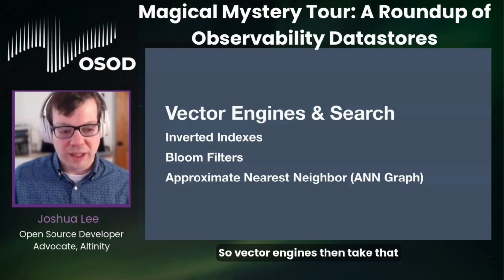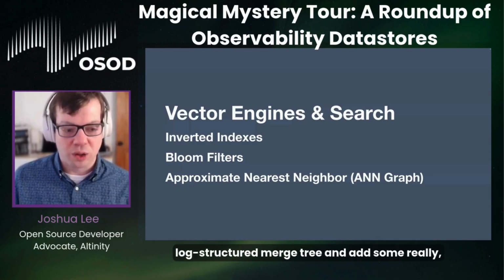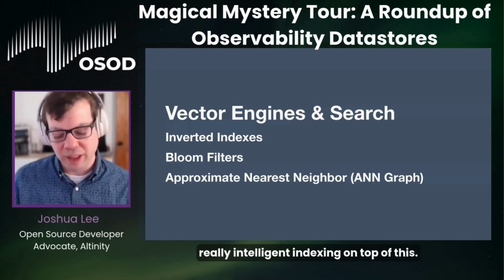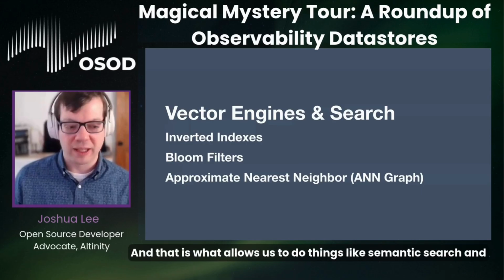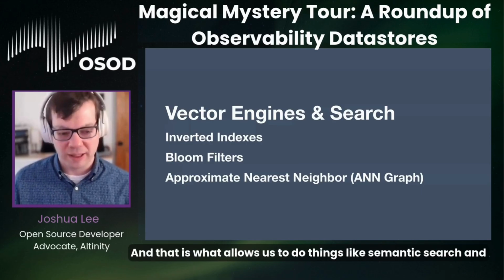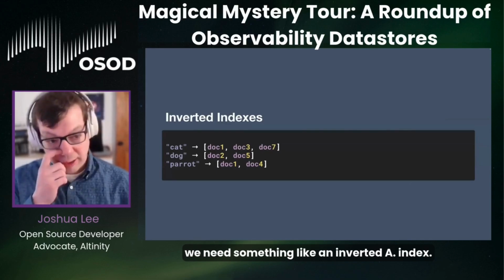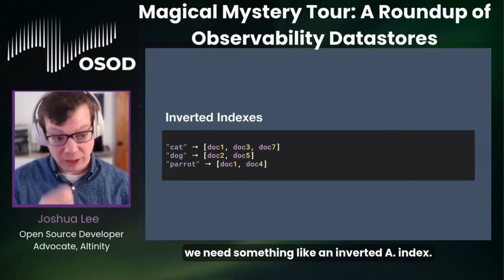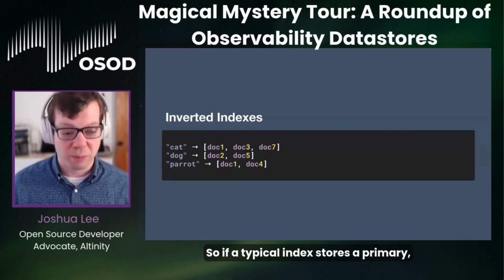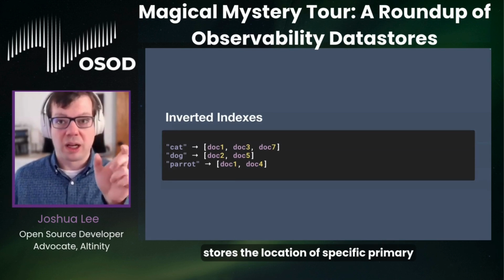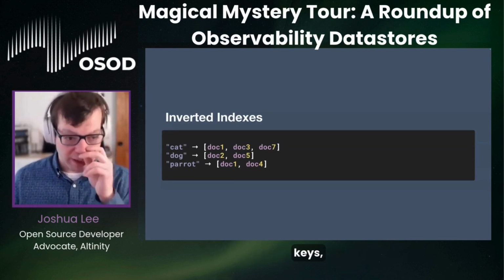So vector engines take that log structured merge tree and add some really intelligent indexing on top of this. That is what allows us to do things like semantic search and full text search. For full text search, we need something like an inverted index. A typical index stores the location of specific primary keys.